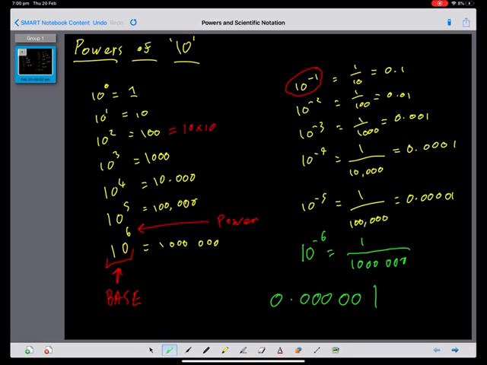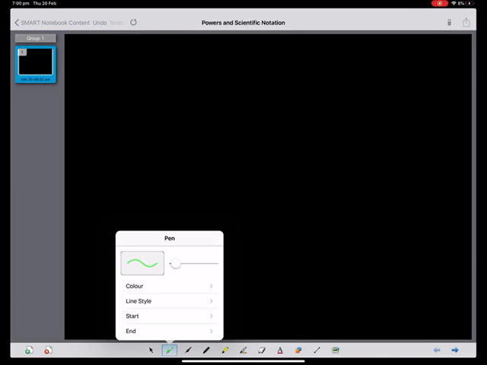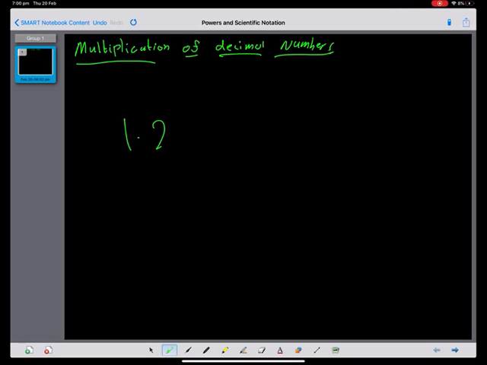Okay, so hopefully you're familiar with base 10 and how we can represent decimals. So let's have a quick look at multiplying decimal numbers. Let's take a nice easy example, 1.23456.